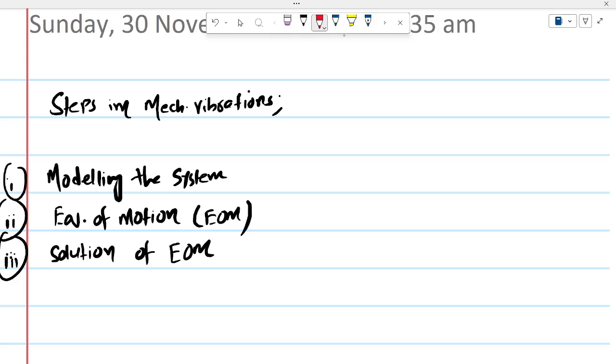Whatever system you have, in terms of modeling you have different approaches. The first one is called discrete modeling, which we have been doing so far. The second one is lumped parameter modeling.